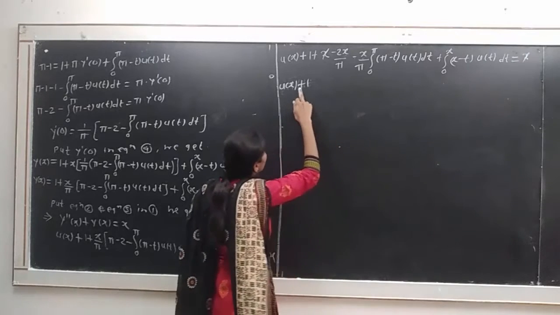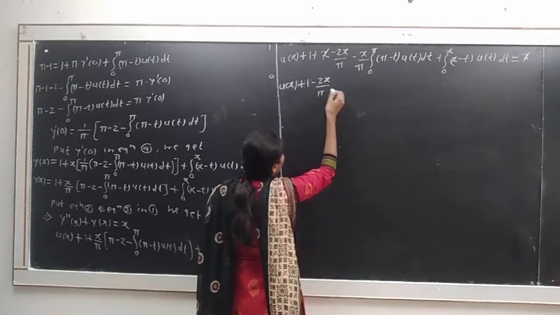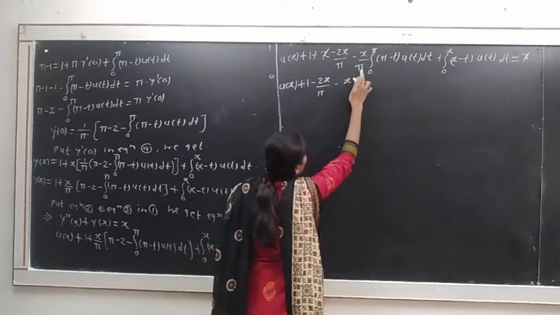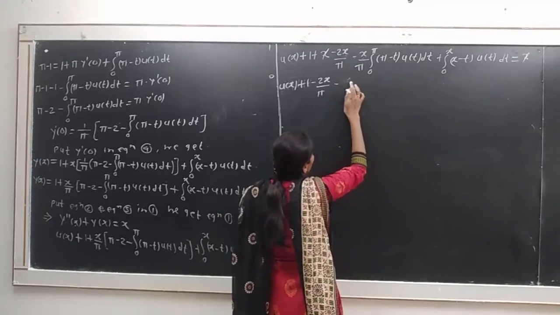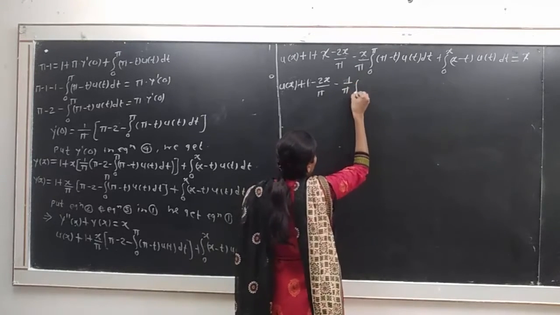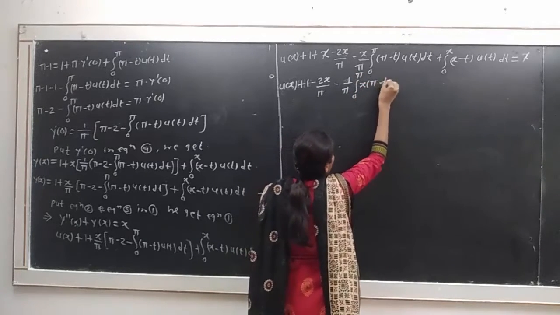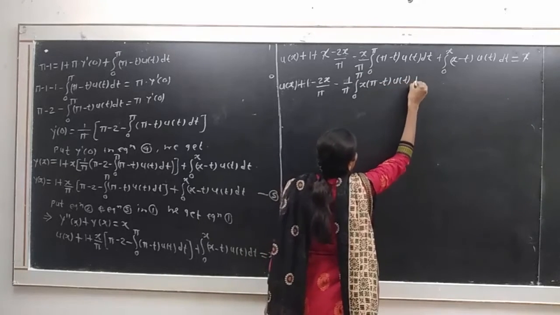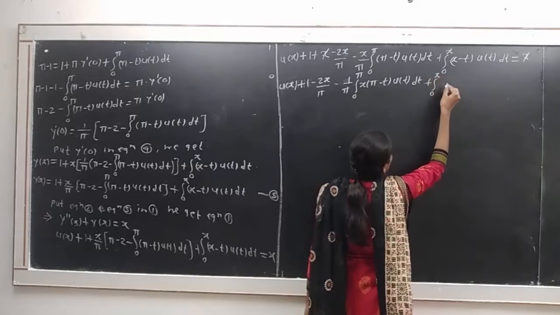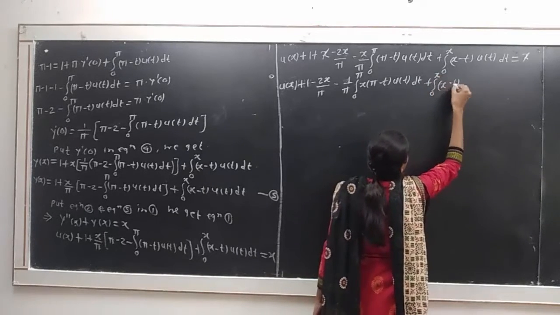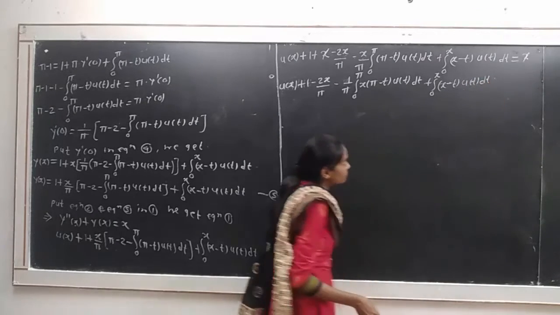get u of x plus 1 minus 2x divided by pi minus, we can write this x inside this integral, then we get minus 1 by pi integration from 0 to pi x in bracket pi minus t into u of t dt plus integration from 0 to x minus t into u of t dt.